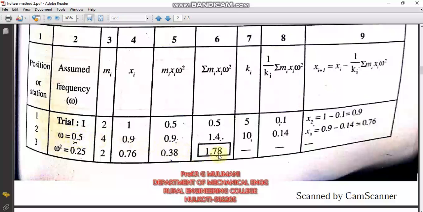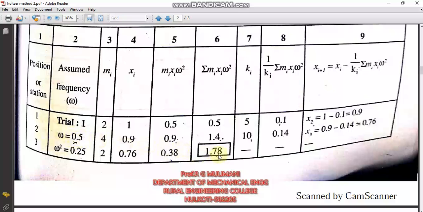Then connecting all the points we have this curve. Wherever you see natural frequency 0, that is the natural frequency of the system. For semi-definite systems or free systems, you always take the first natural frequency as 0. Then by using this tabular column you find the other two values.